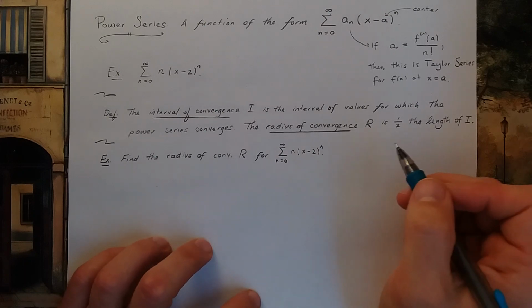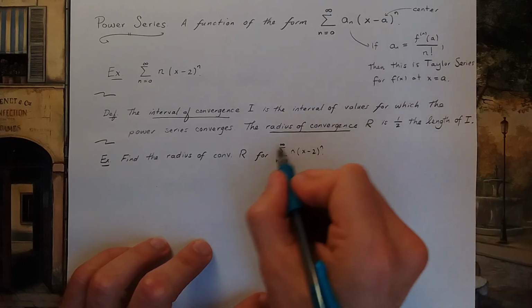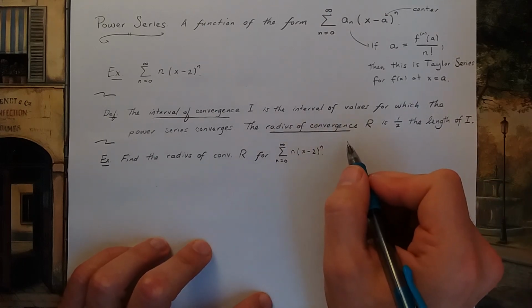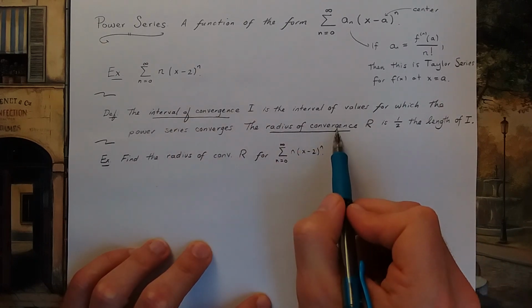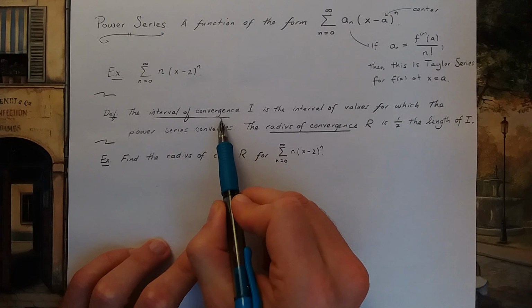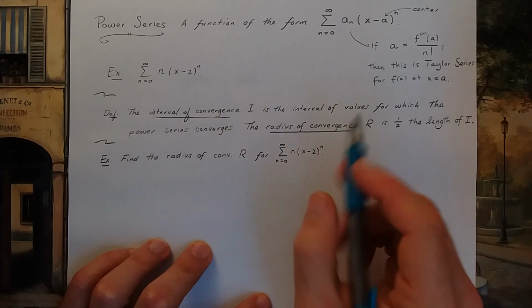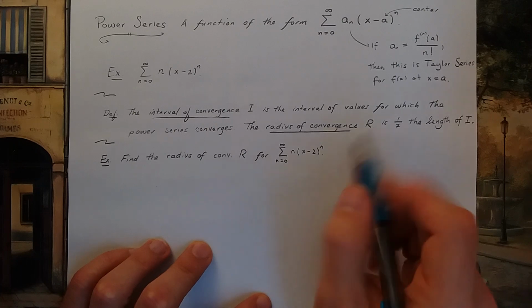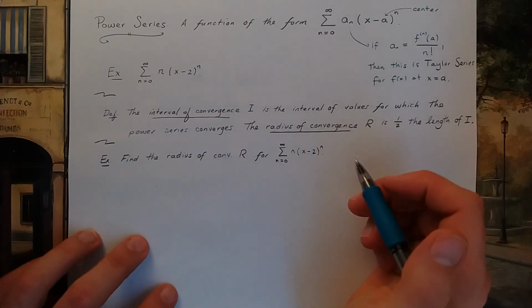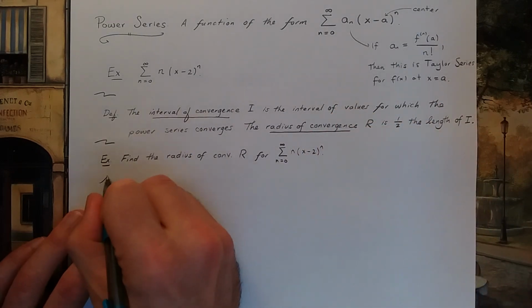So at this point, we've built up a lot of machinery to decide whether a sum converges or diverges. When you want to find the radius of convergence or the interval of convergence, the first thing I would try is the ratio test. For these problems, the ratio test usually works out the best. So let's do the ratio test. Here's my answer.